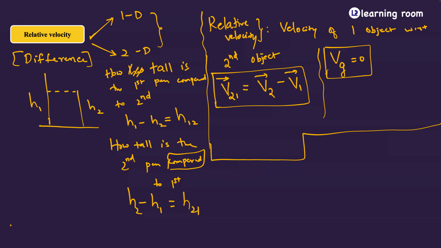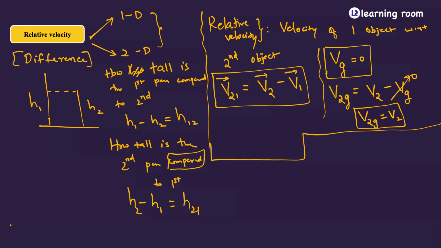So when I talk about velocity of second person, if I call this V2, the actual meaning of V2 is V2G, that is velocity of the second person with respect to ground. So what will you get? Velocity of second minus velocity of ground. But what is the velocity of ground? It is 0. So V2G is the same as V2.